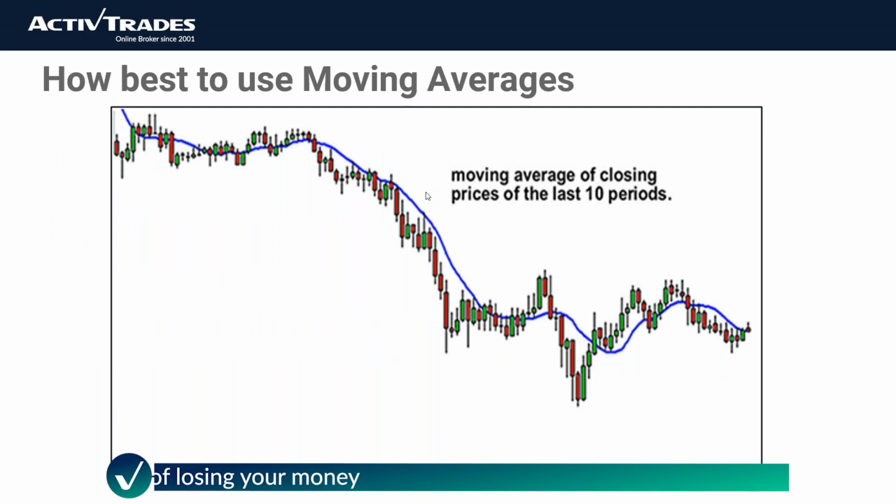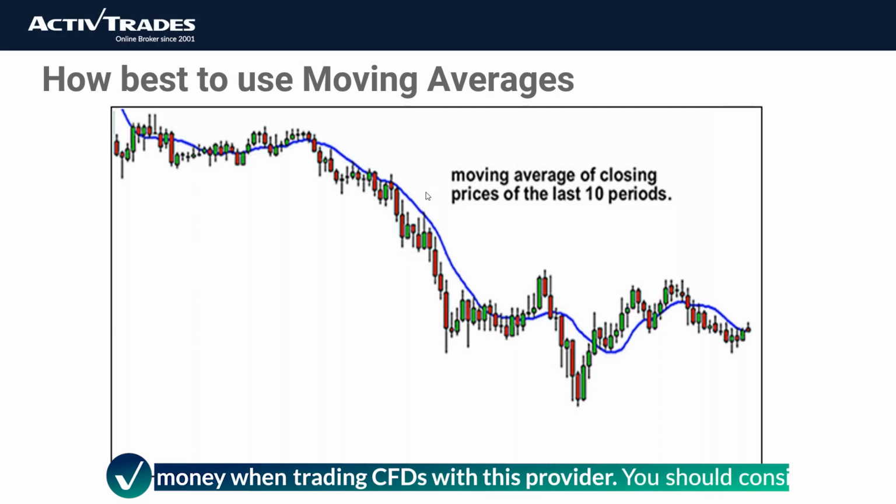So here we have just a very simple chart, and that has effectively a 10-period moving average. And for those of you who are very new to trading, it is a simple line that is drawn on the chart where, every time a candle or a bar closes, in this particular case, the indicator will take the data from the last 10 closes, define an average of that, and then print that on the actual chart itself.